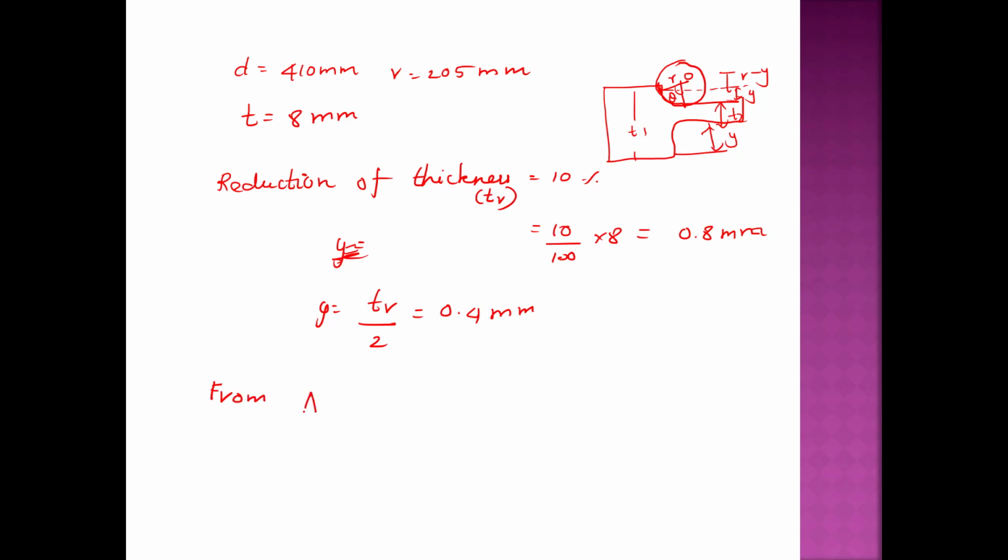From the diagram, from triangle OPQ, cos theta equal to R minus y divided by R, which is equal to 205 minus 0.4 divided by 205, which is equal to 0.99804.